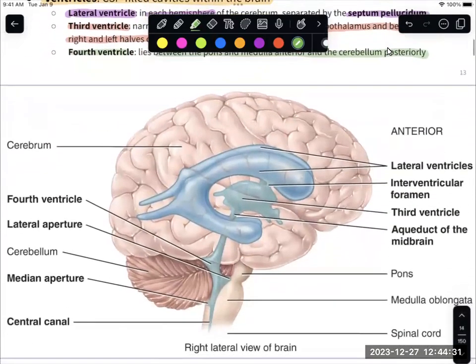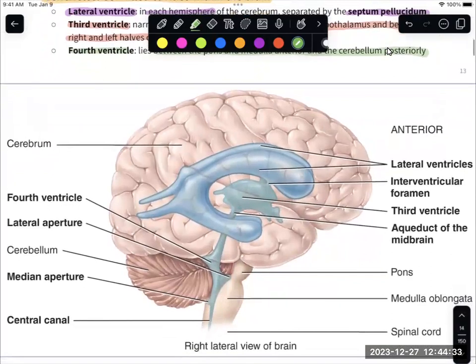So here's a better view of this whole ventricular system. Those lateral ventricles, we have a right and a left, that drain into the third ventricle. The third ventricle is going to drain into this cerebral aqueduct.